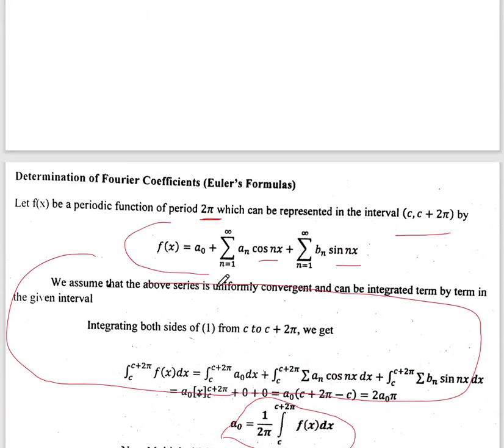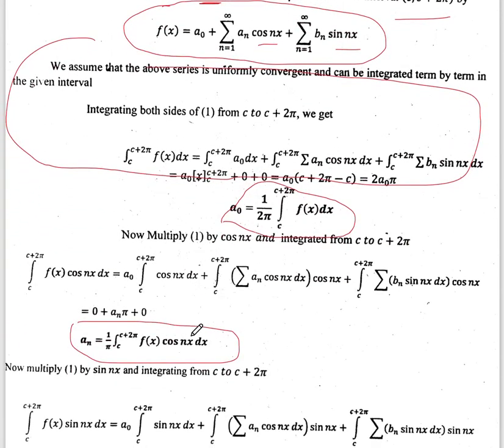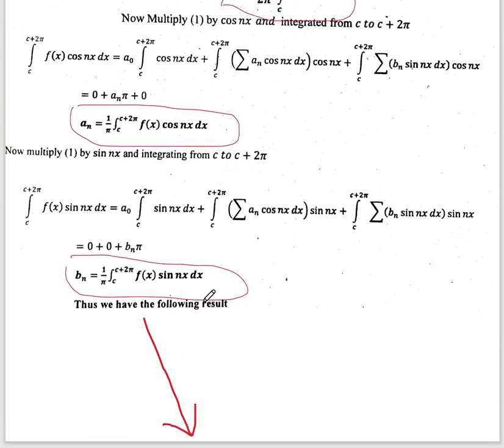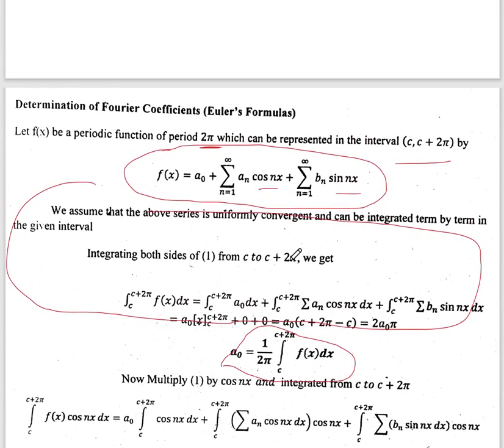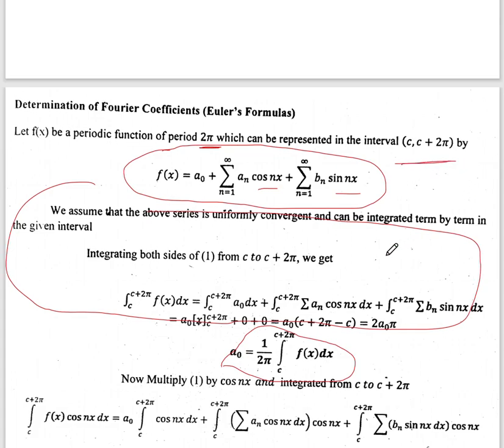These are the formulae if the period is 2 pi. This is the most important formula for the determination of the Fourier coefficients in the interval c to c plus 2 pi.